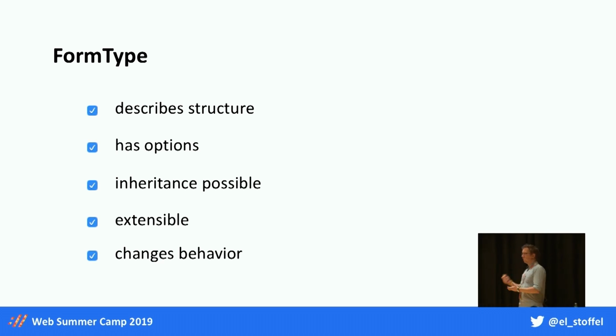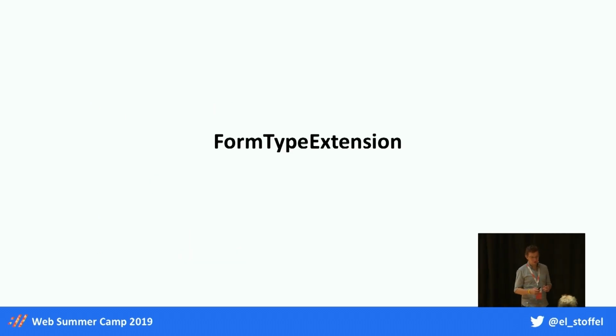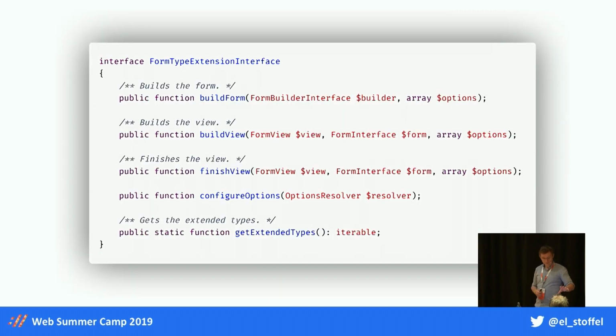Well, we configure that we want to change the behavior. So that's the form type extension. Right now, we will skip that part, but we can use the form type extension. The interface looks quite similar to the form type. We have a build form, build view, and finish view, and configure options, so quite similar to the form type.